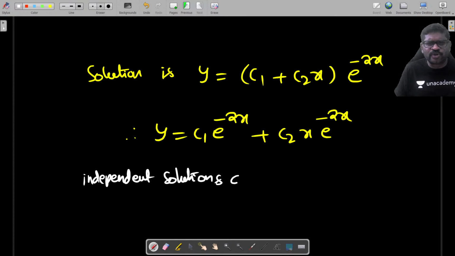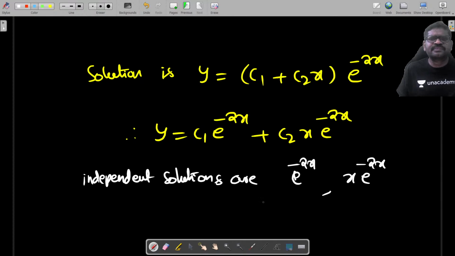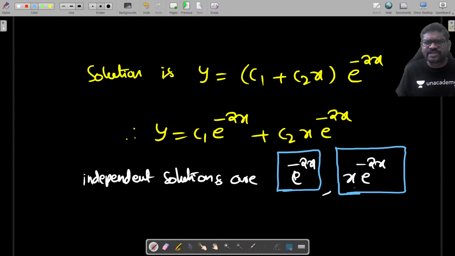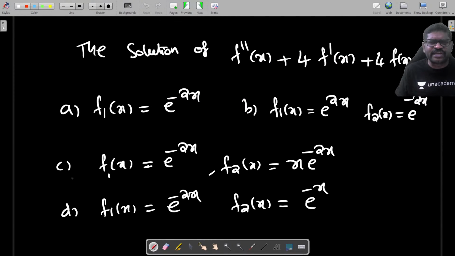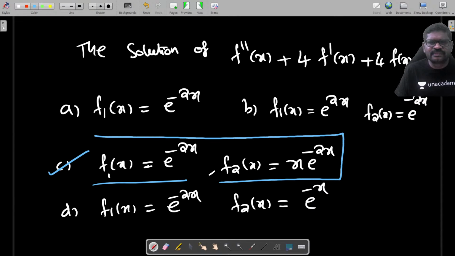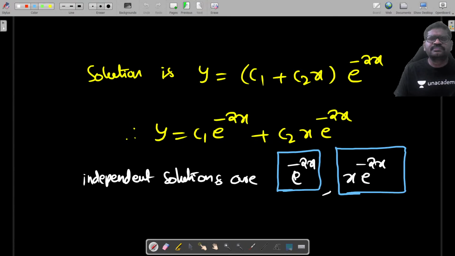The independent solutions are e power minus 2x and x into e power minus 2x. One solution is e power minus 2x, another solution is x into e power minus 2x. The two independent solutions are e power minus 2x and x into e power minus 2x. Understood?